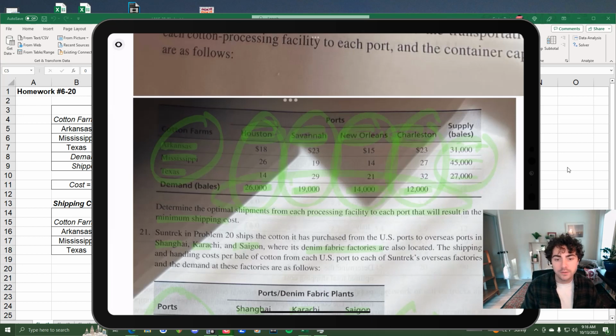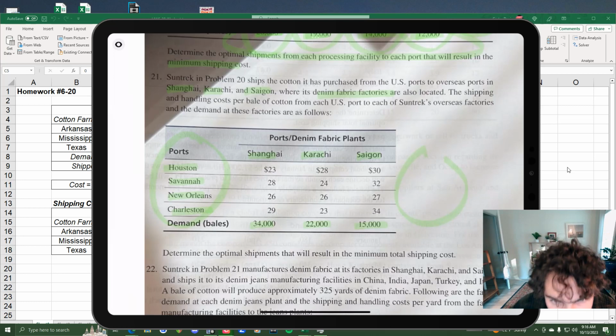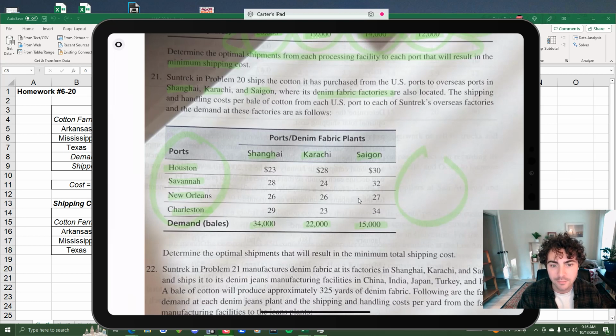They told us with the demand. So the previous chart gave us the demand of the ports, but now it's going from ports to fabric plants. So what was once the demand of the ports now becomes the supply of the ports, the supply that can be supplied to the fabric plants. Okay, so we'll see that in problem 21 where they set it up.